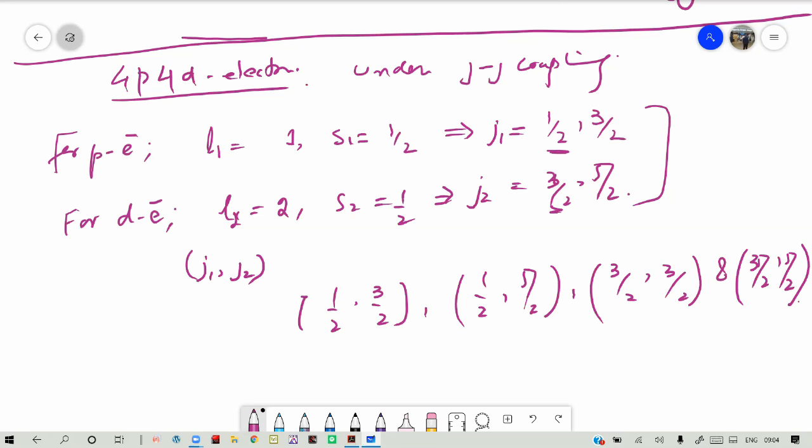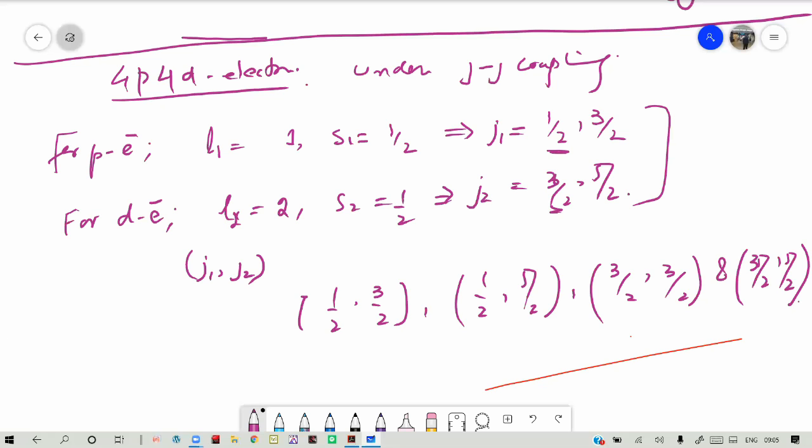Okay. So how do we treat this two electron system? First, we will try to find out the possible combinations of J values. And we find J from L1 plus S1 to L1 minus S1.